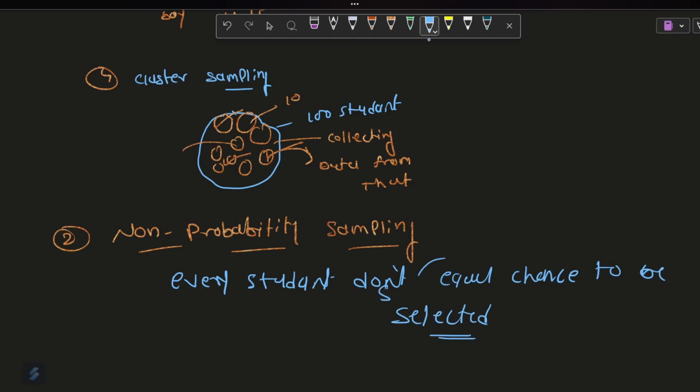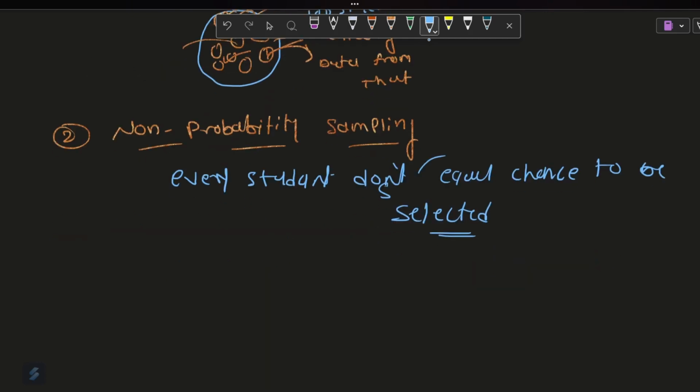Don't have an equal chance to be selected. What does it mean? Okay, understand some types as well.